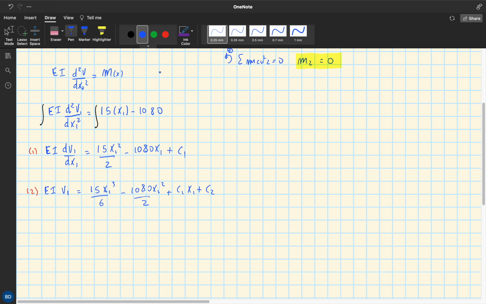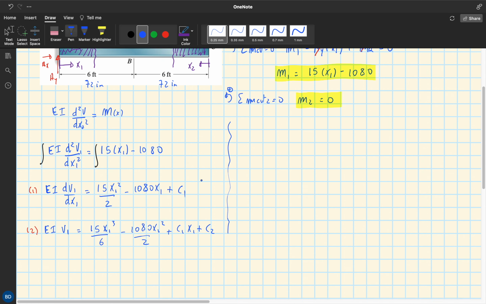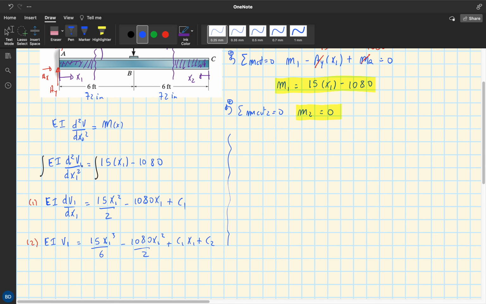Now I'm going to do similar calculations, but for my moment 2. We start off with our double integration equation, EI d2v2 over dx2 squared equal to our moment, which is 0. If it's 0, we cannot do anything, but when you take an integral, we still can.